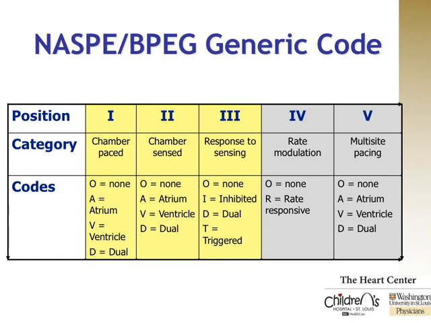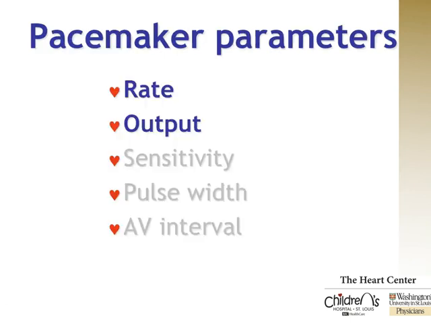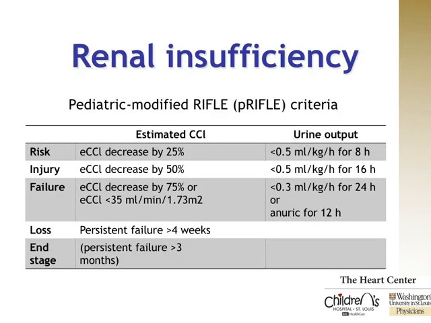D refers to the fact that that's in effect for both chambers. The main parameters that we set on temporary pacemakers are the rate and the output. While there's the ability to customize a lot of the other settings, it's really the rate and the energy output that we most commonly set, and usually that's what we write in our orders.